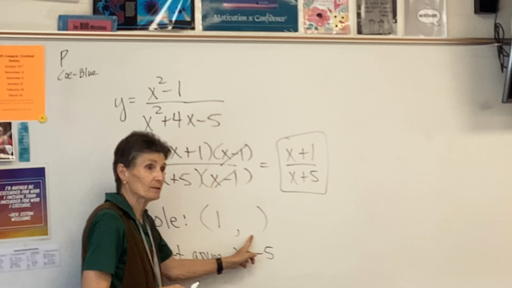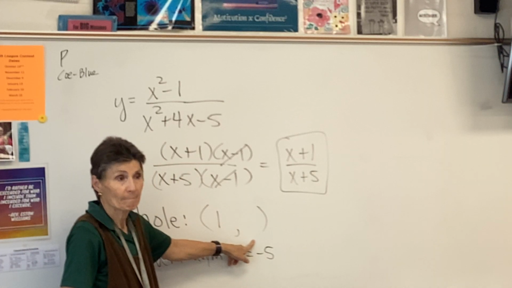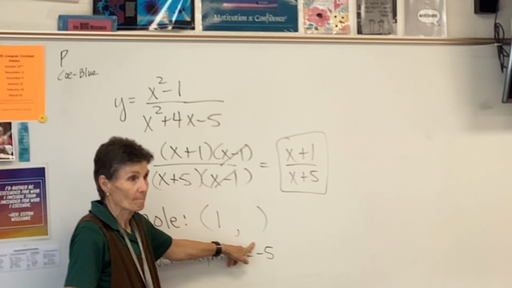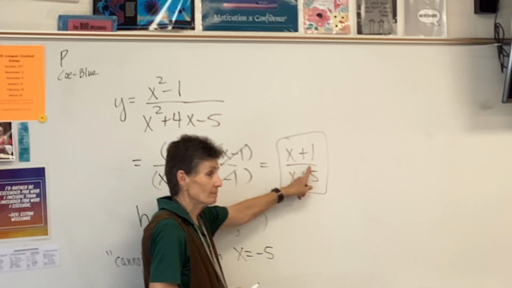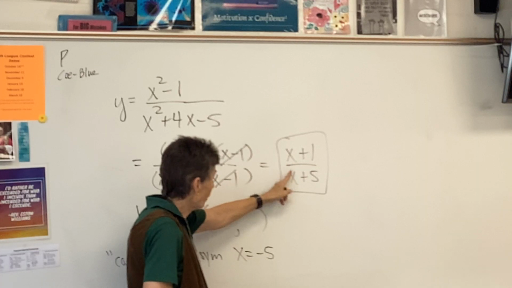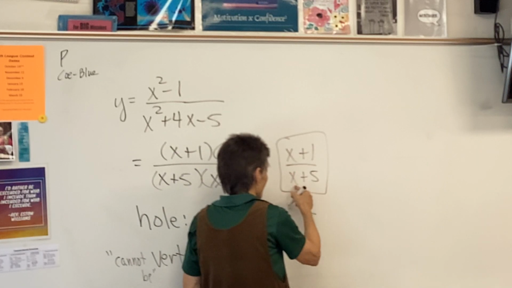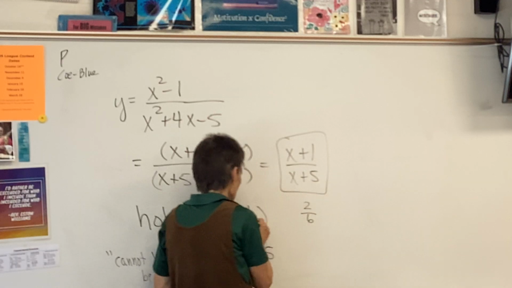Any guesses how we'll get the Y? Plug it in right here. So if X is 1, what do I get? 1 plus 1, 1 plus 5, I get 1/3.